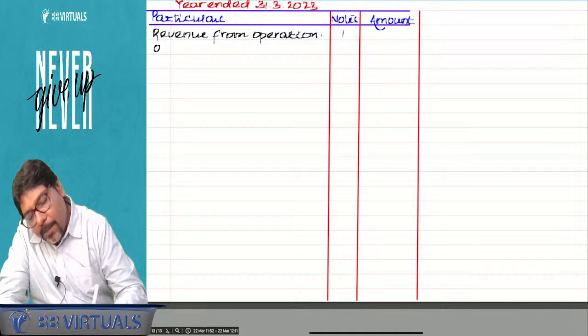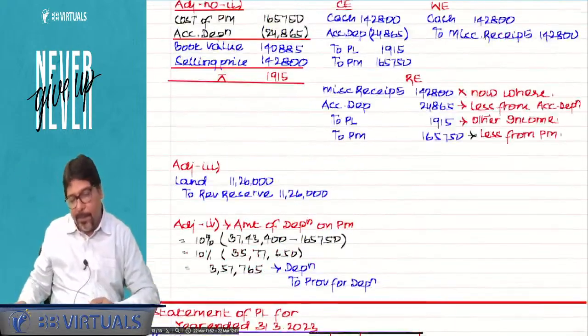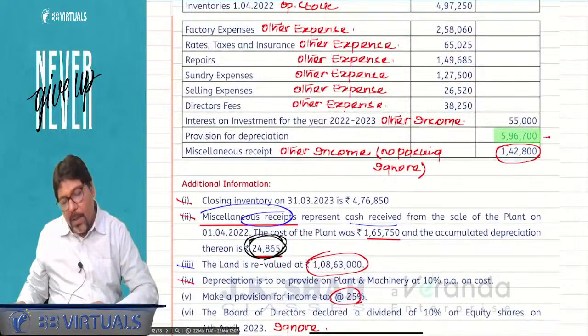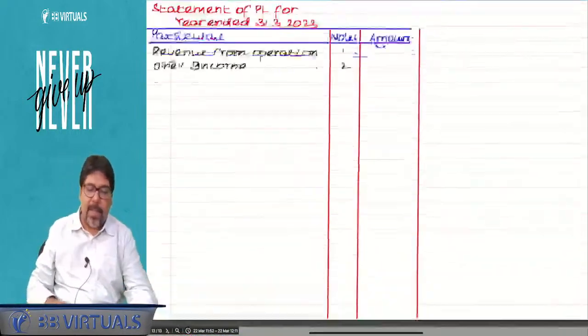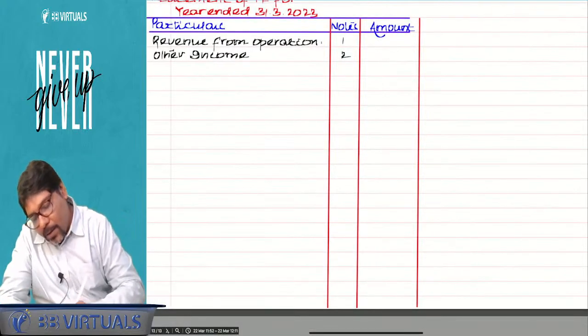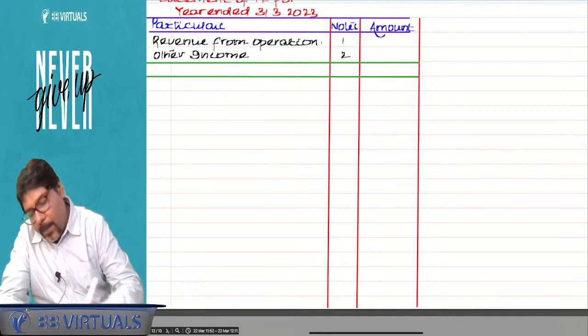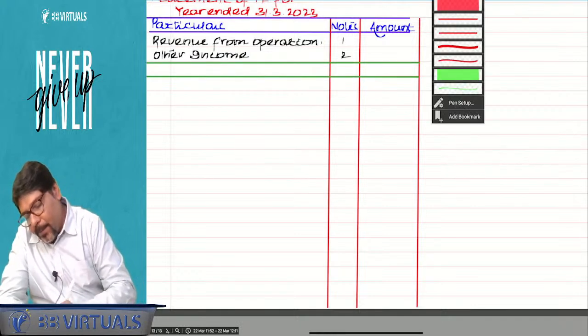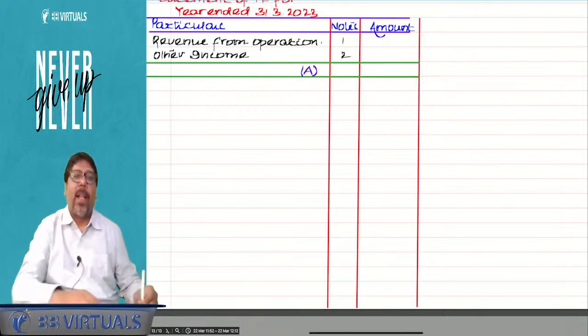Then other income. Other income is there, no? If we add these two, we will get total income, A. Correct?